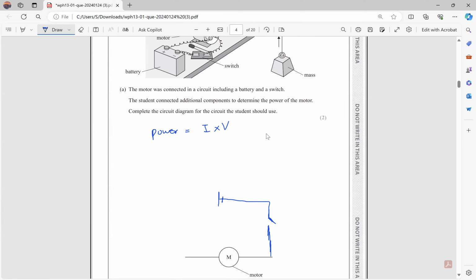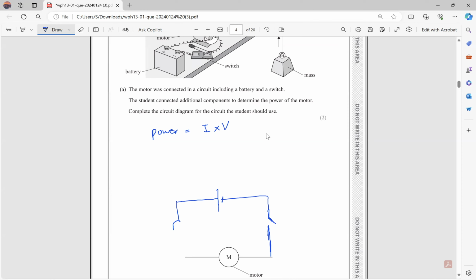When we want to measure current through a circuit, we use a device called the ammeter. The ammeter must always be connected in series, at the point where it's trying to measure current.